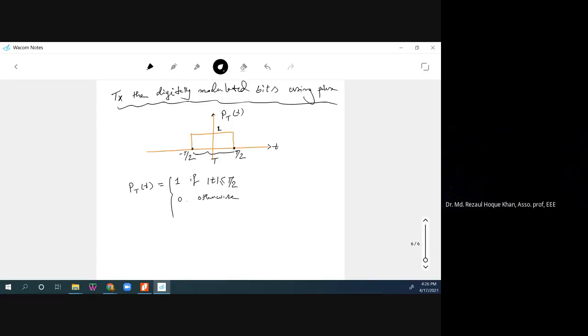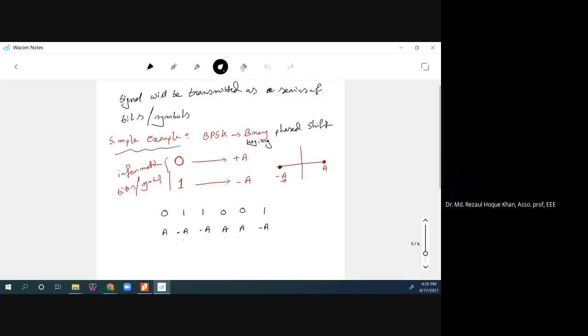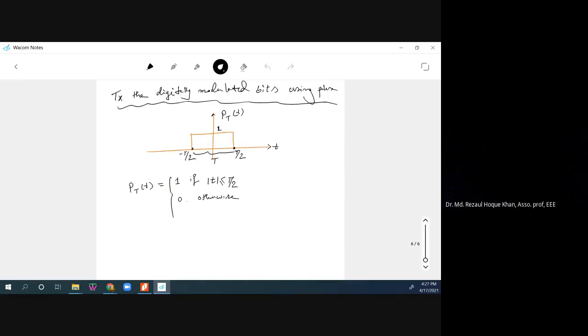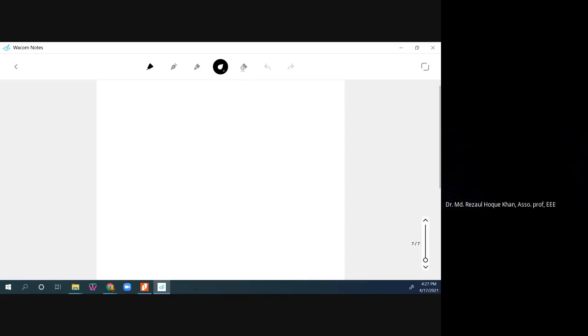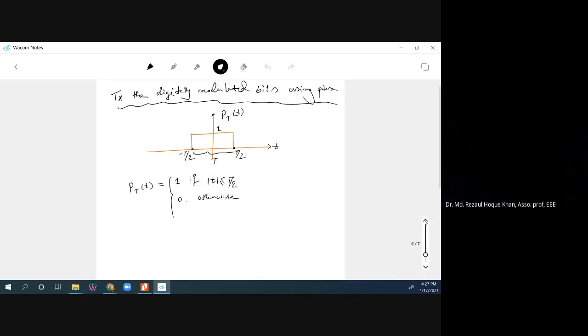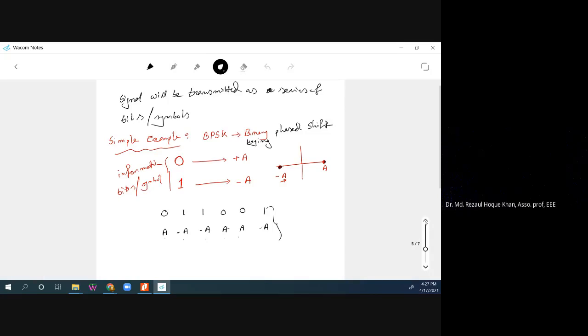Now if we express our previous symbols with this p(t), what will happen? Remember our transmitted signal is 0 1 1 0 0 1.